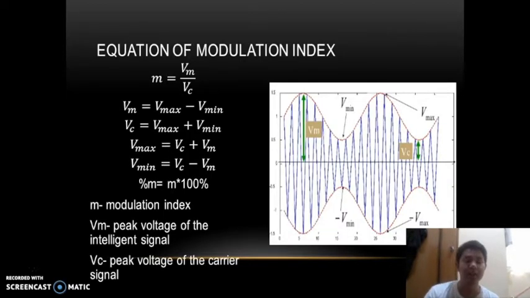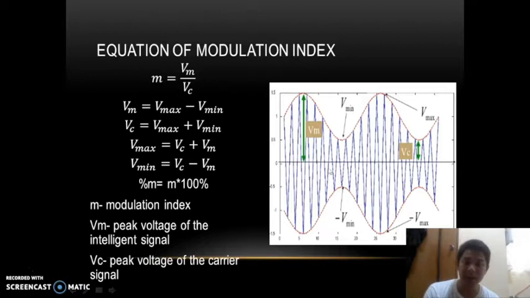The modulation index is equal to Vm over Vc, where Vm is the peak voltage of the intelligence signal input or the modulating signal input, while Vc is the peak voltage of the carrier signal.